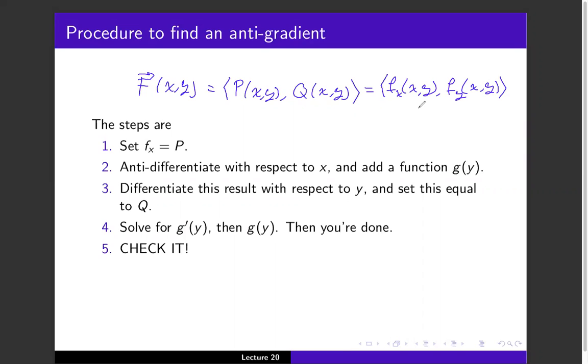So set f_x equal to P, and then anti-differentiate with respect to x and add a function g(y).